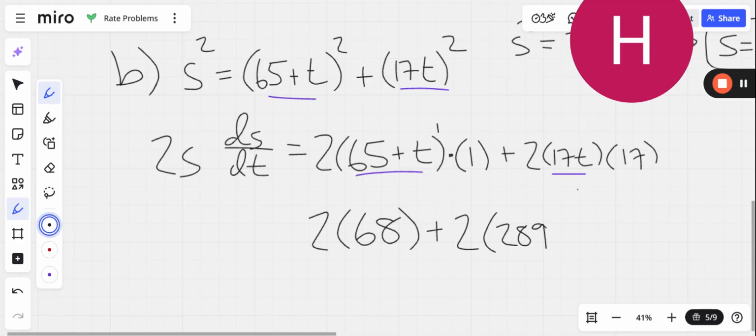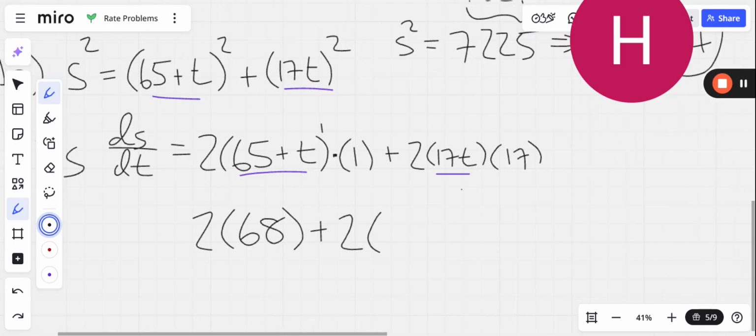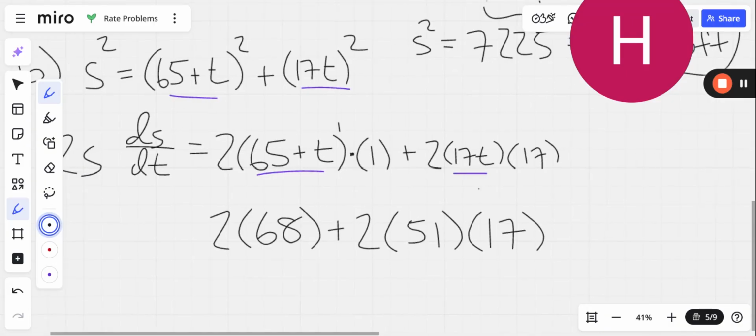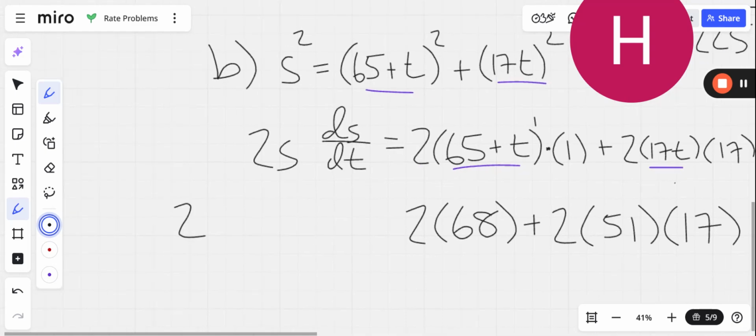But since our value is literally 51 here, we might as well just use the 51, right? Times 17 equals 2 times 85, we just got that from the last problem. ds/dt, that's what we're looking for.